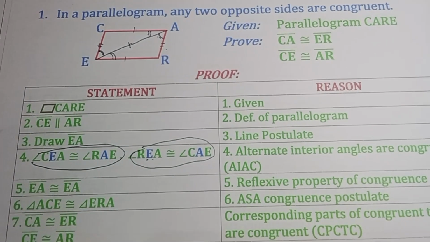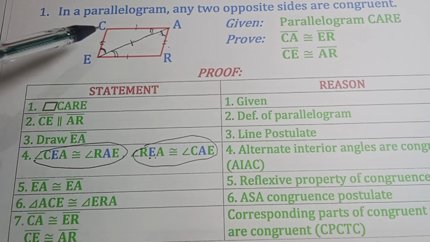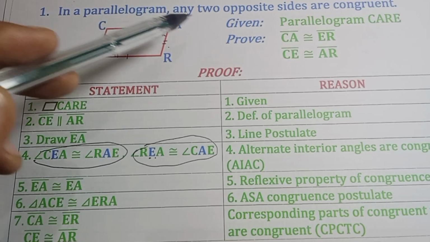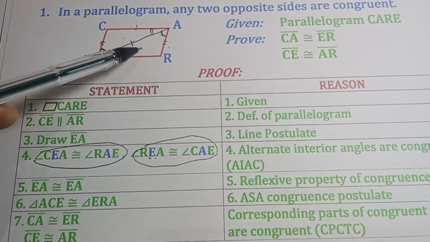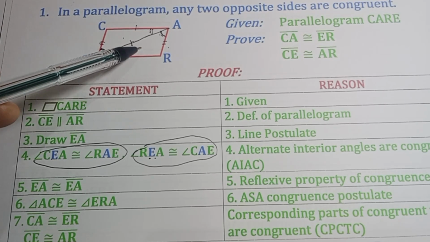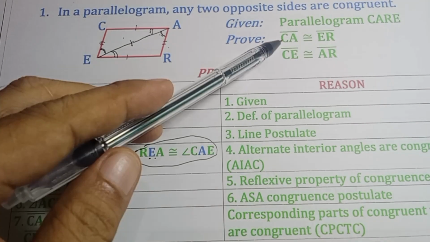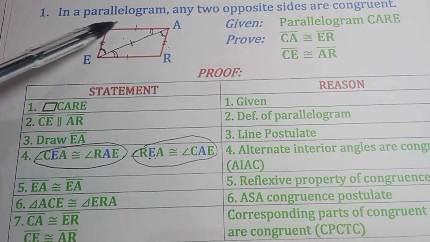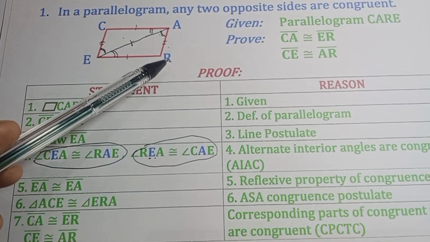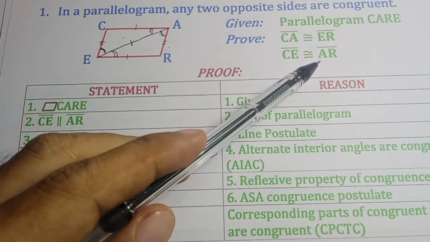Now, let's proceed. Since we already have two congruent triangles, these two, we can now look at this. If these two triangles are already congruent, then we can say that their corresponding parts are also congruent. We can say that CA is congruent to ER, and CE is congruent to AR.